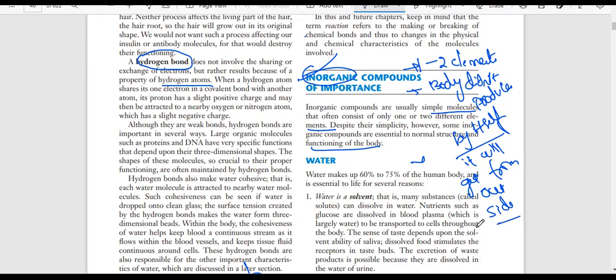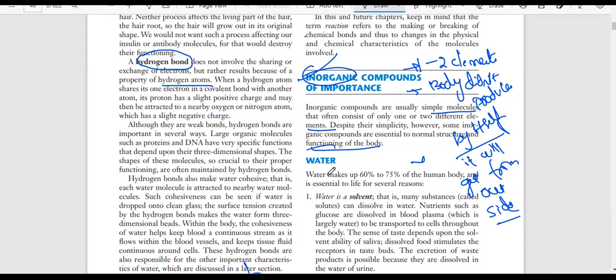This is the second definition of inorganic compounds.